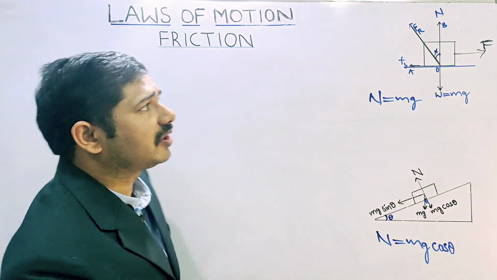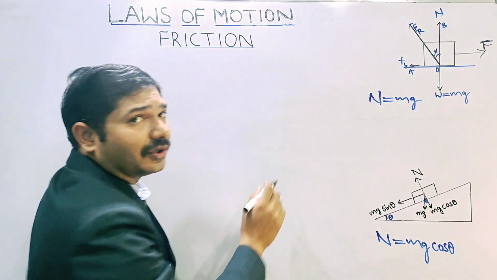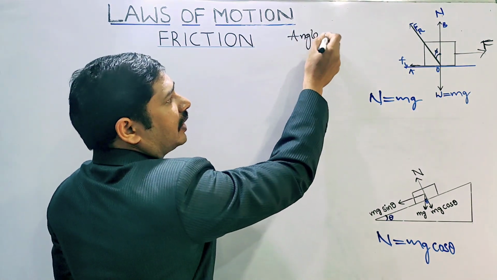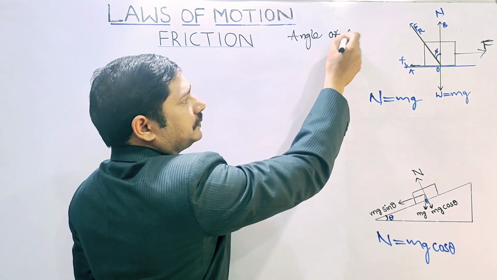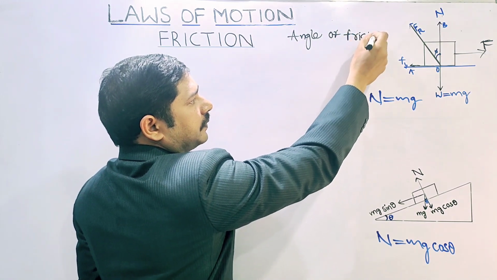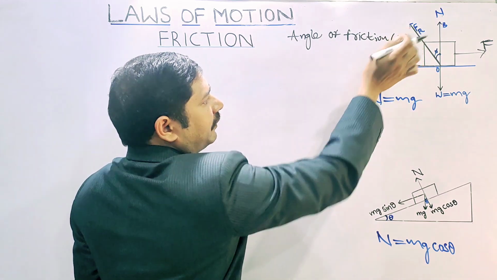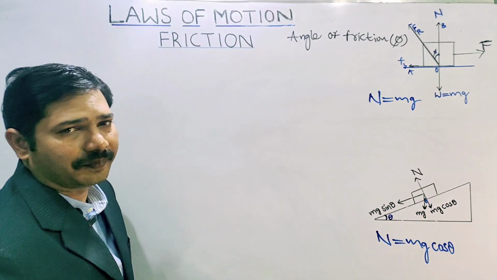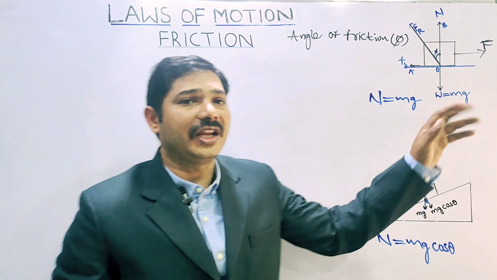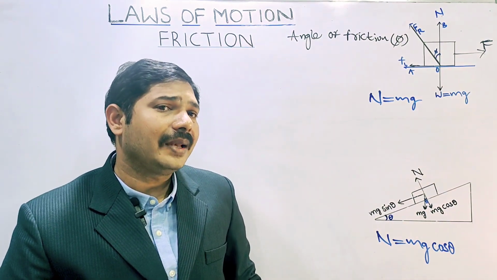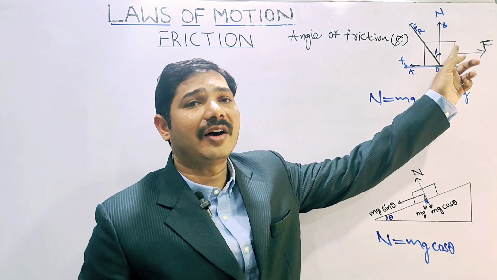That phi is called the angle of friction, denoted by the symbol phi.